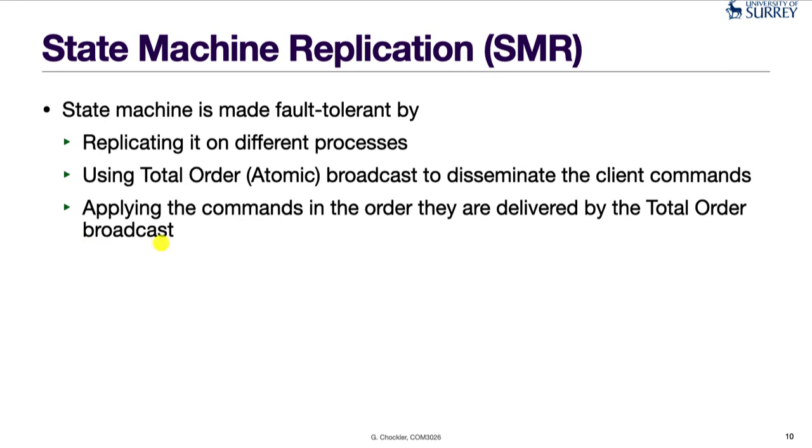That will ensure that every state machine will execute the same sequence of commands, and therefore, by the definition of state machine, they will all produce the same sequence of outputs, and they also have consistent states. So this is state machine replication.